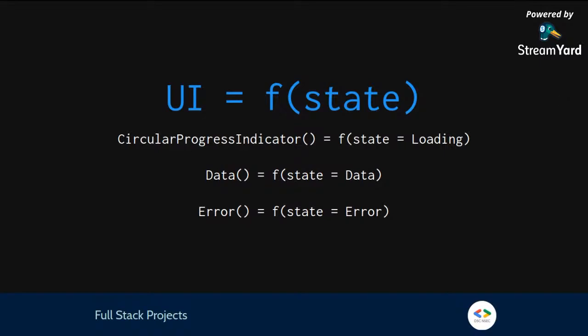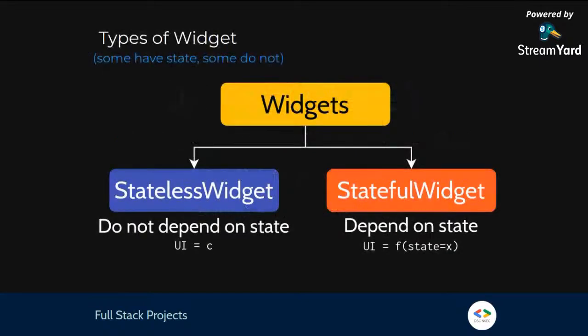Now, Flutter has two types of widget based on this classification. We have something called a stateless widget, and something called a stateful widget. The main difference between them is that the stateless widget does not depend on state.